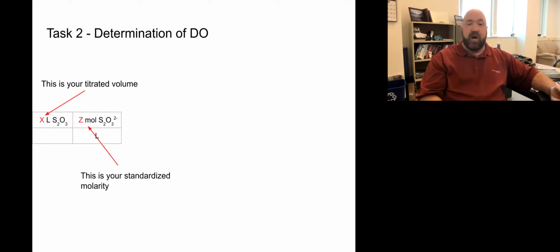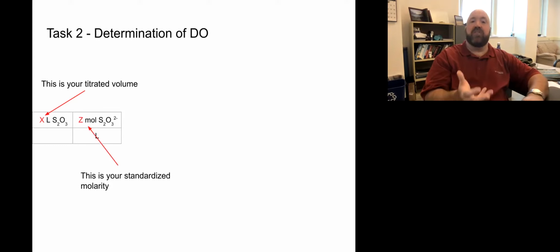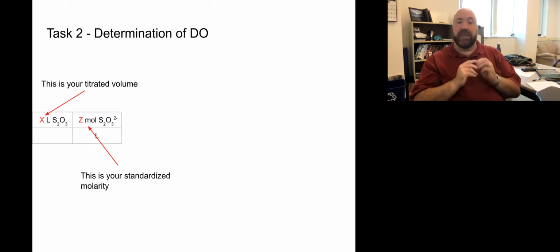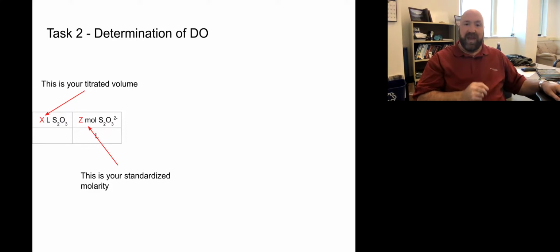You then multiply that by your standardized molarity, the molarity that you found of your solution last week. So we're multiplying our liters of the S2O3 by the molarity of the S2O3. That tells us how many moles of S2O3 we had to have used in order to get to the endpoint of our titration.